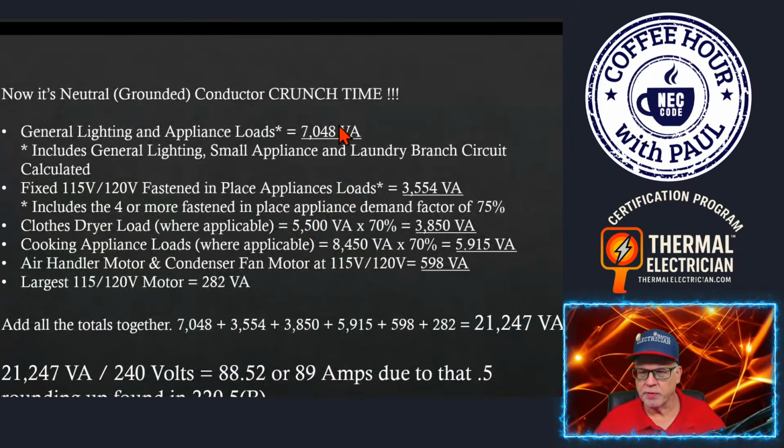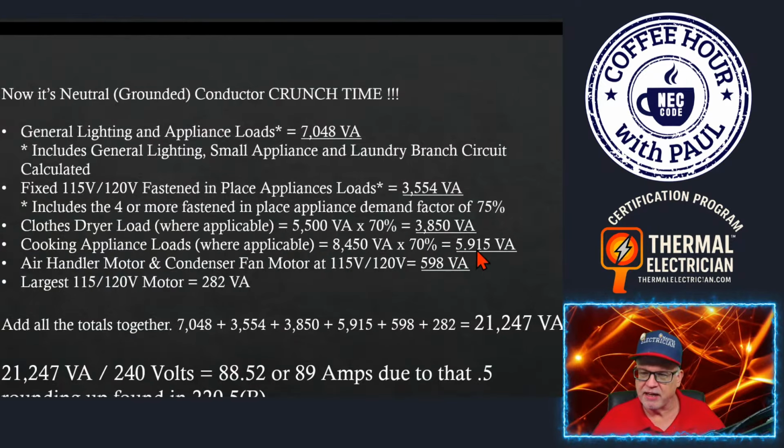So the neutral contribution now, there's our 7,048. We did our fixed in place appliances. Our neutral was 3,554, and that's because we used the demand factors. We had 6 of them, remember? Clothes dryer we got 3,850 because we took the 550 times 70%. The cooking appliances was 8,450. Remember how we did that? We applied the 70%.